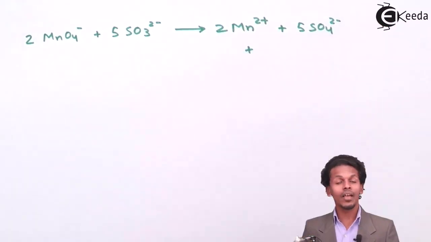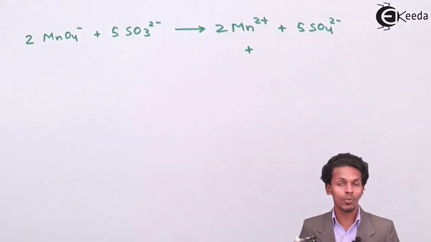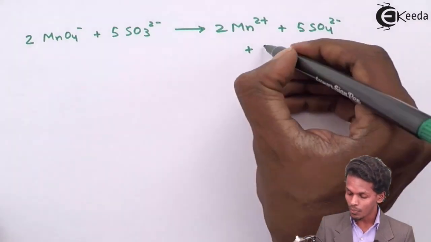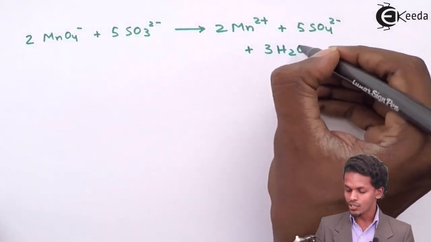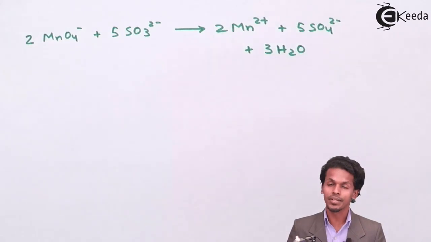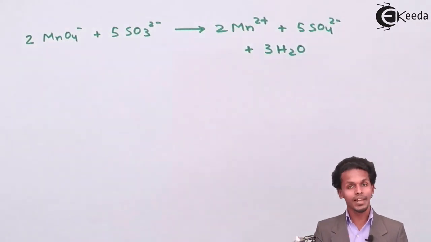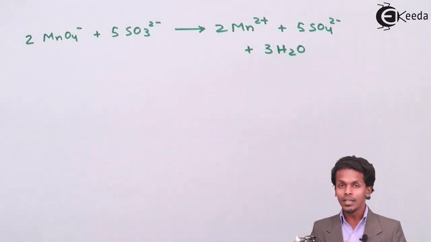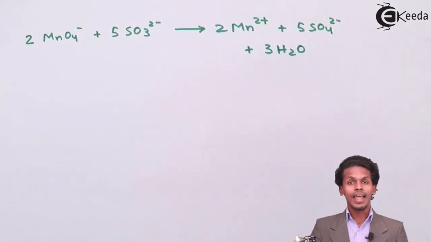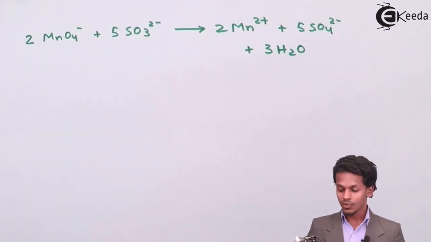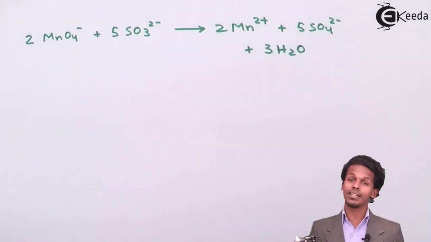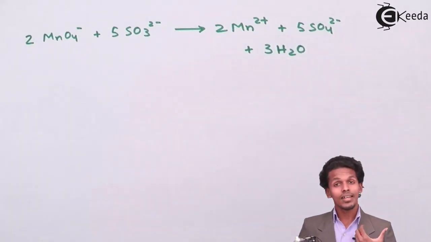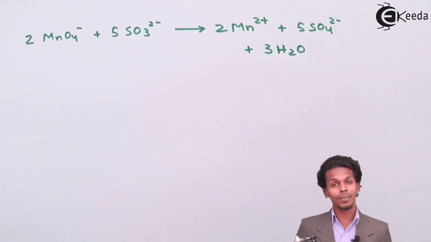But recently we have equated that we should add 3 moles of H2O. So therefore we are now making 3 moles of H2O as an addition in the product. And now the oxygen has been balanced on the reactant as well as the product side. But as we have added water in it, the hydrogen content has increased. So how can we balance that?